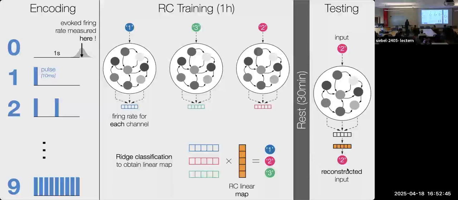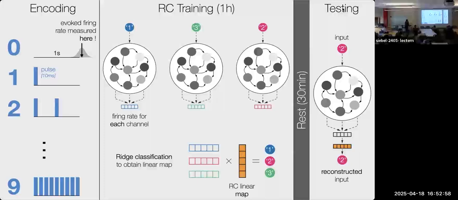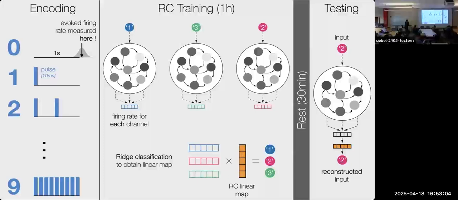Is there any more question on the Zoom? Do you know of any other RC computing systems that are being used? Not neuronal, not living neurons, but where a dynamical system is used to compute something. Yes, actually, a lot of people make silicon-based spiking systems to do something similar.